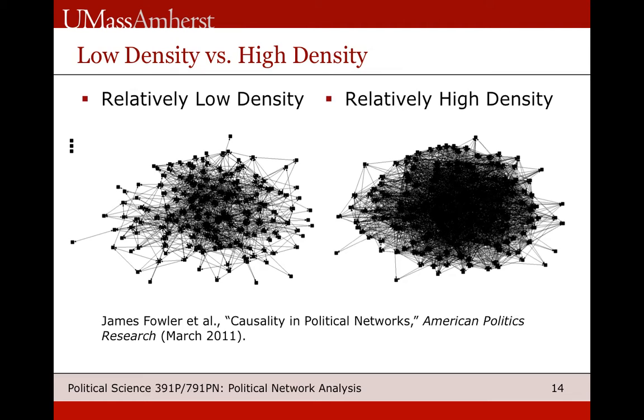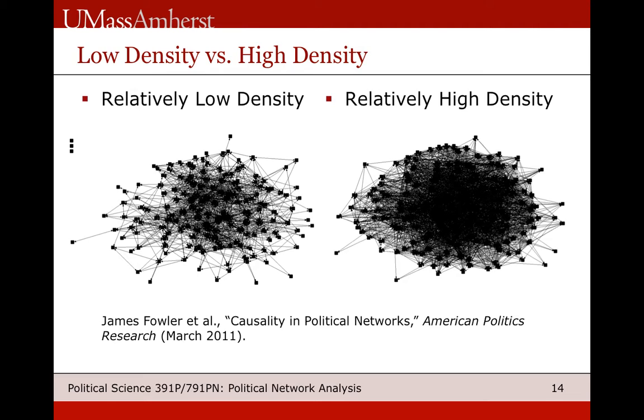Now, those are toy examples, so let me show you what a slightly more realistic example of the difference between low and high density looks like. These are published networks. You can see that even though they both look a lot like hairballs, the one on the left is relatively much lower density than the one on the right.